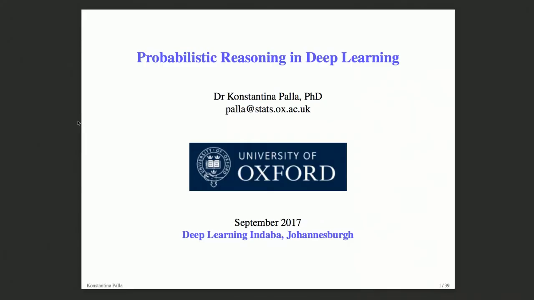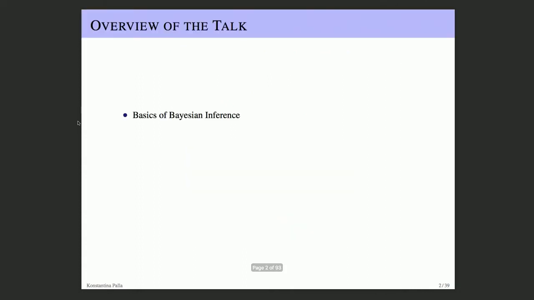Today we will discuss, because I would like you to also participate, because no one knows better than anyone, probabilistic reasoning in deep learning. First, I will start with an introduction about the basic concepts of Bayesian inference. Then I will go into more specifics and discuss how Bayesian reasoning can be applied inside neural networks and in general inside deep neural networks.